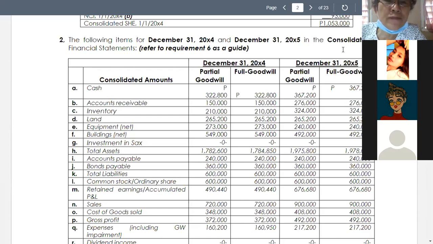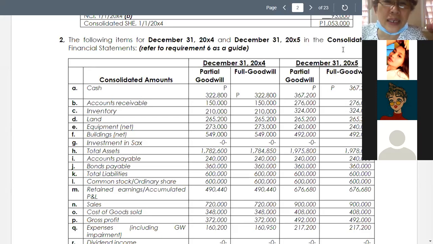Okay, first, we have to identify the amount of goodwill. Under the partial goodwill basis, the amount of goodwill is supposed to be 12,000. But 12,000 is the share of the parent. That's equal to 80% of 15,000. 15,000 times 80% is 12,000.